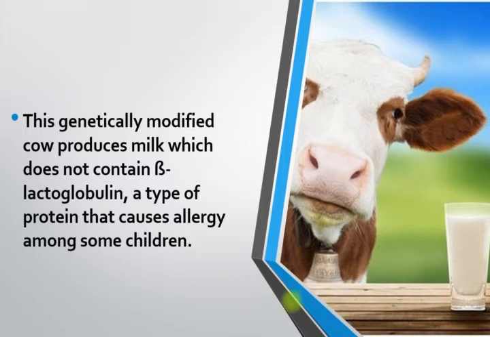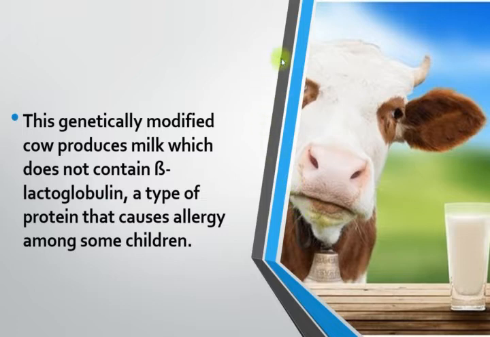The example of a genetically modified organism is the cow. This genetically modified cow produces milk which does not contain beta-lactoglobulin, a type of protein that causes allergy among some children.